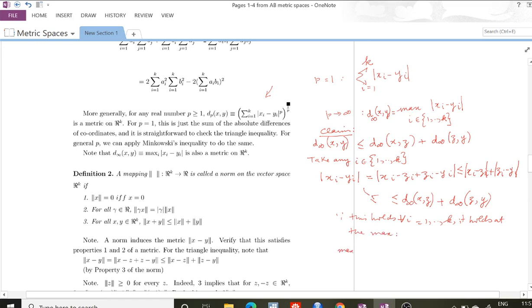So max xi minus yi is also less than or equal to these. And what is max of this but the defined distance between x and y, all right? So you can put a little rectangle here.